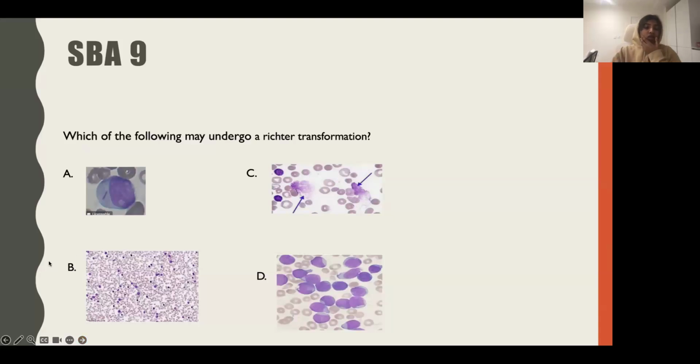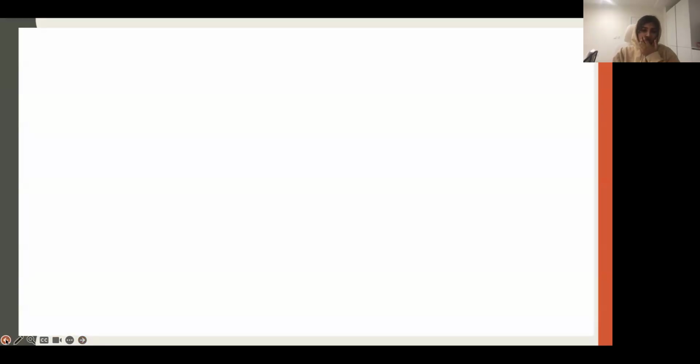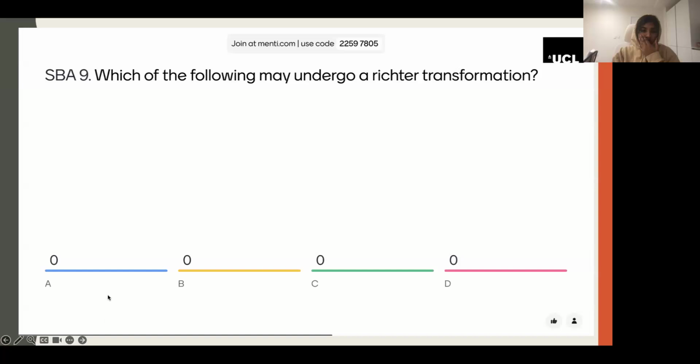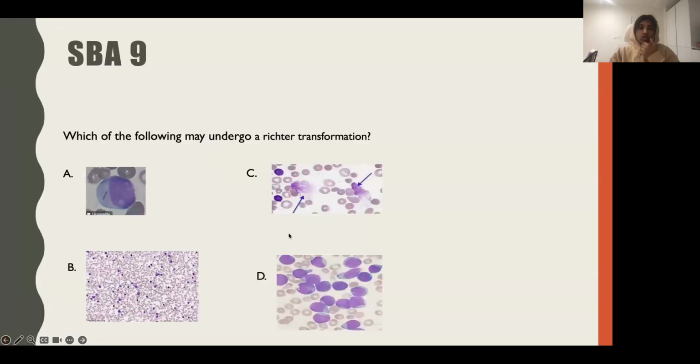Okay, which of the following may undergo a Richter transformation? I hope these SPAs aren't repetitive and boring, but rather trying to get you guys to differentiate between the different types of leukemias, because I think these marks are relatively easier to get than the DIC, TTP, and all those things.